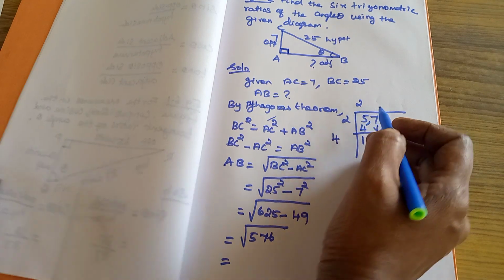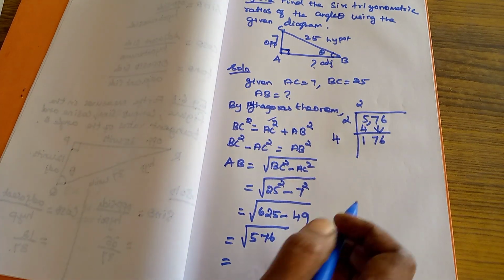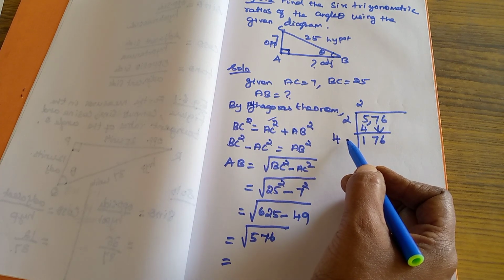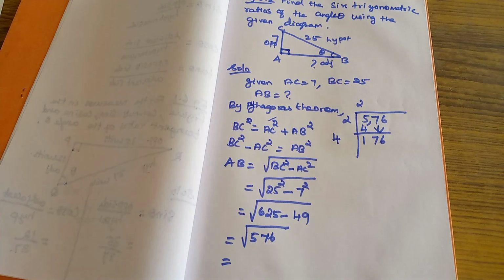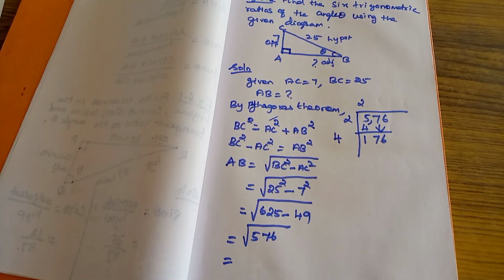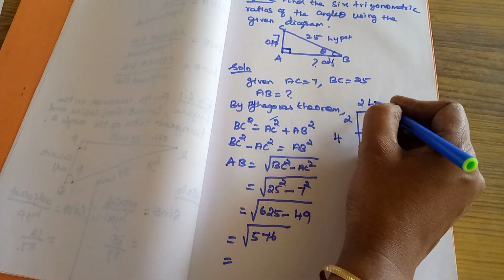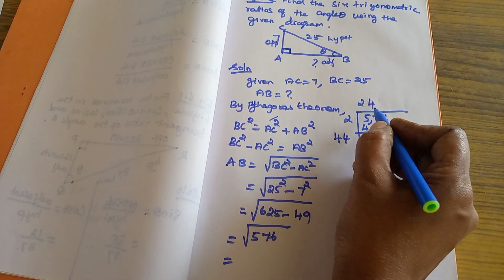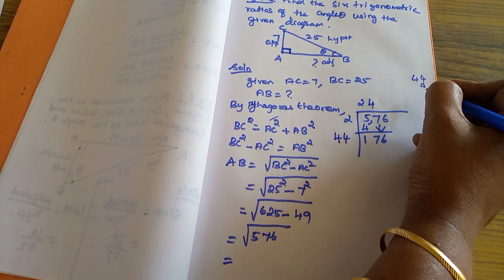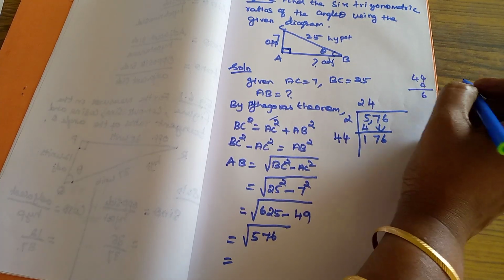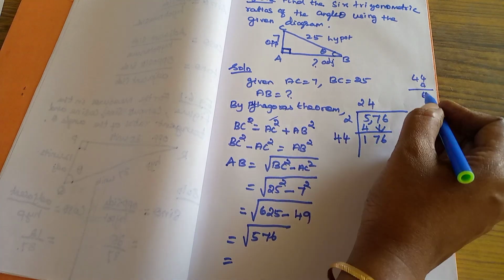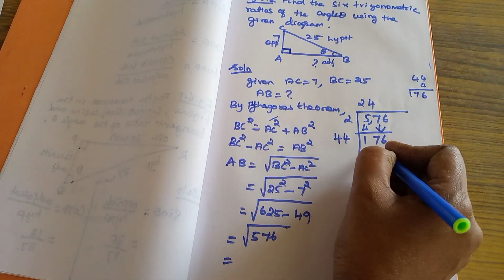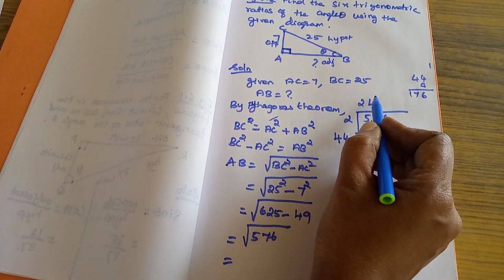If you write 3, 23 into 3 is 69. If you take 4, that 4 must also be on the right. Now multiply 44 into 4. 4 4s are 16, 1 balance. 4 4s are 16 plus 1, 17. 176, 0.